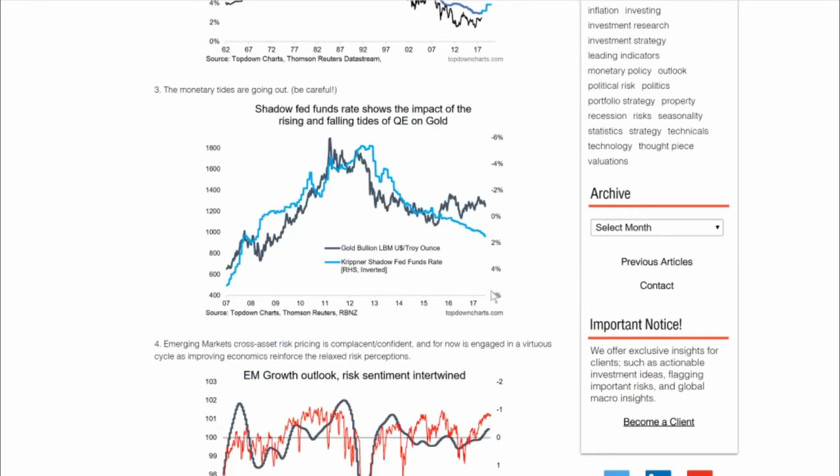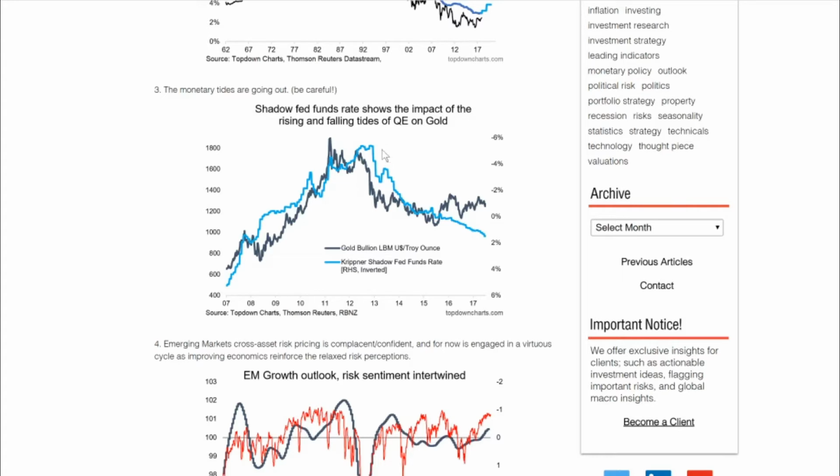This number 3 is about the monetary policy tides going out, and one area that can be impacted is gold. You see here the light blue line is the shadow Fed funds rate, and that attempts to factor in the impact of quantitative easing on the effective level of the Fed funds rate.